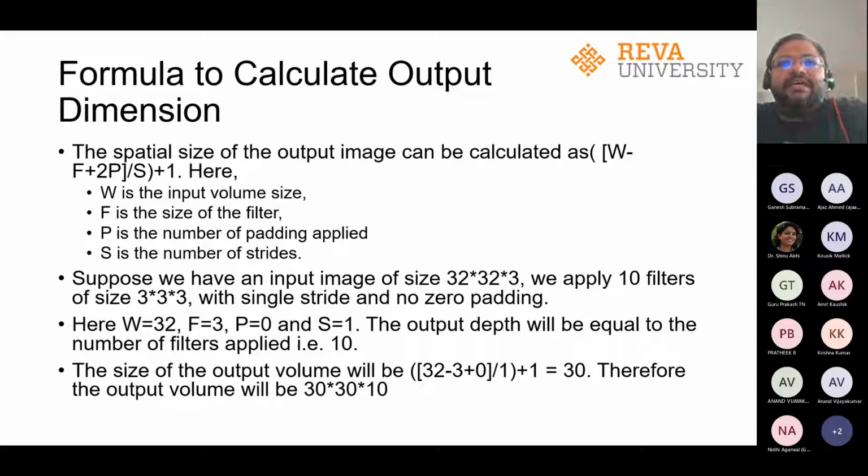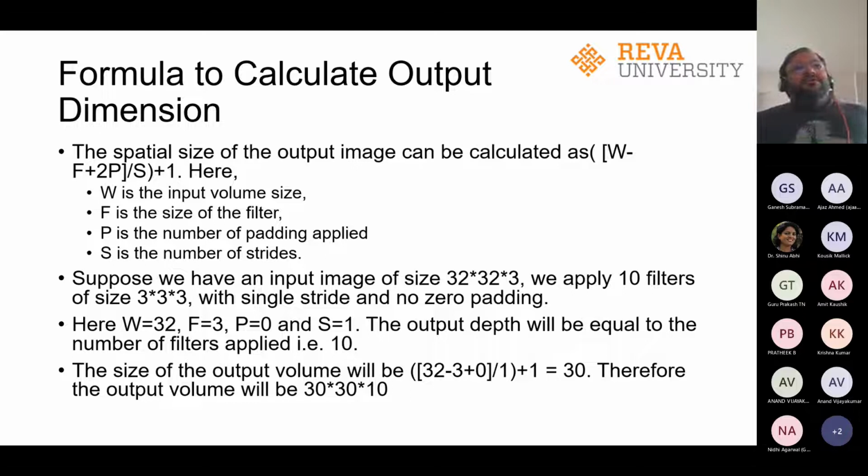So the size of the output volume, or the size of the output image, will be 30 into 30 into 10: 32 minus 3 plus 0, by 1, plus 1. So it's reduced from 32 to 30, and the third dimension is now not 3 but equal to the number of filters you applied. Hope this is clear.